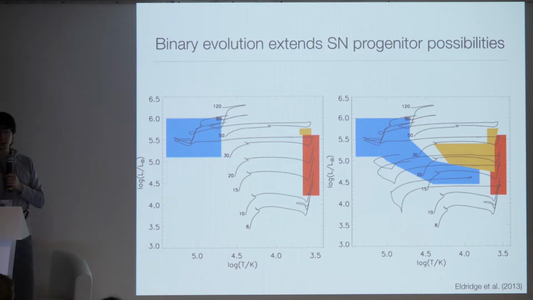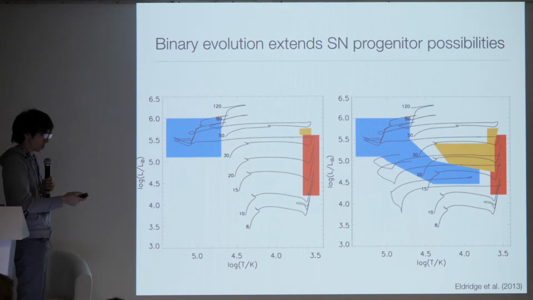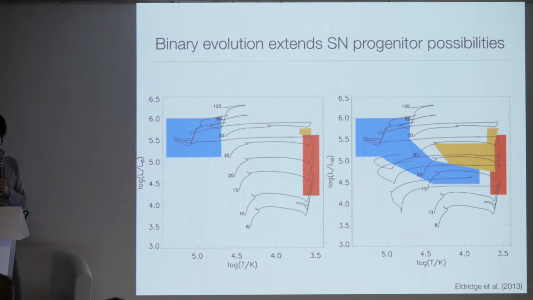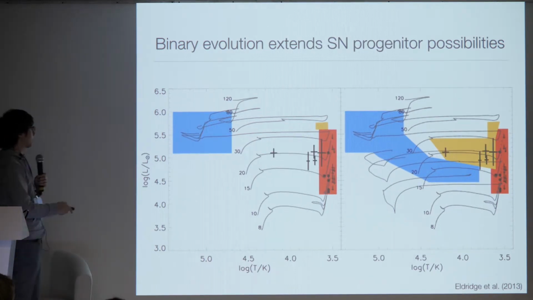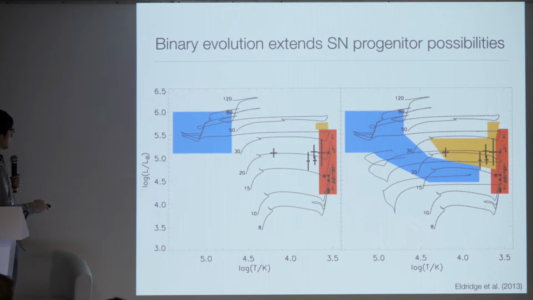As Masomi explained in the previous lecture, now we have several progenitor detections. If we happen to have an image before the explosion at the supernova site, we can directly observe which stars have exploded, and we can plot these stars on this diagram. These are some results.